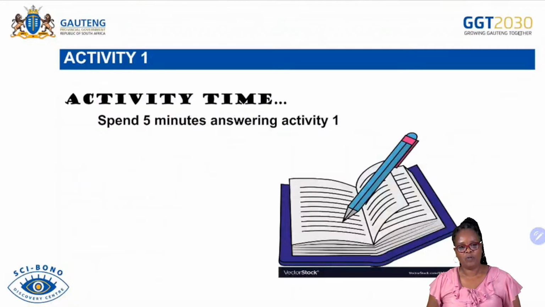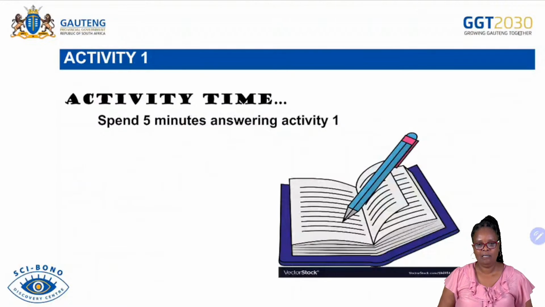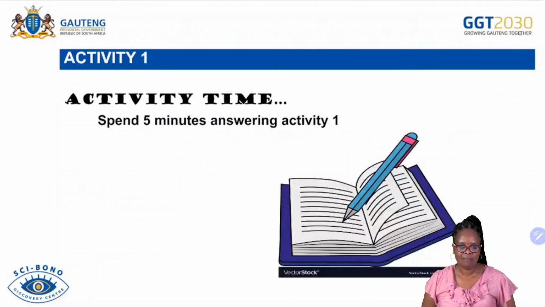For now, I'm going to give you a tip when you do this. When you do multiple choice type of questions, the easy way is to use the elimination rule. You start first by eliminating anything that you see has nothing to do with the question.